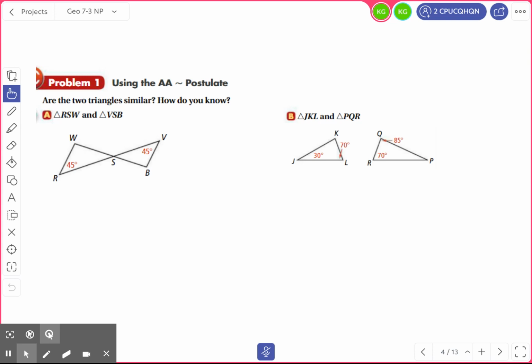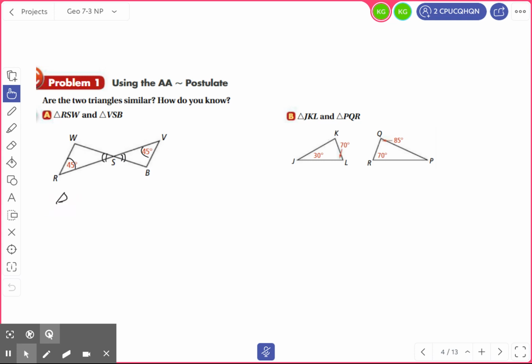In this first case, how could we show they're similar? Well, we're given that this 45-degree angle is congruent to this 45-degree angle, and because of the way the triangles are set up, we can see that these vertical angles are congruent in the center. So are the 2 triangles similar? Yes, they are.